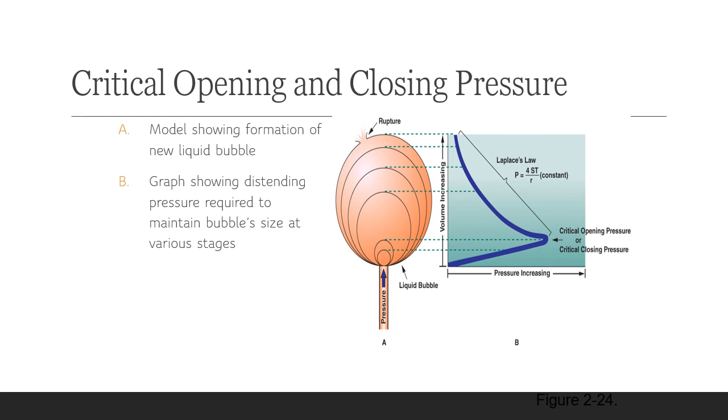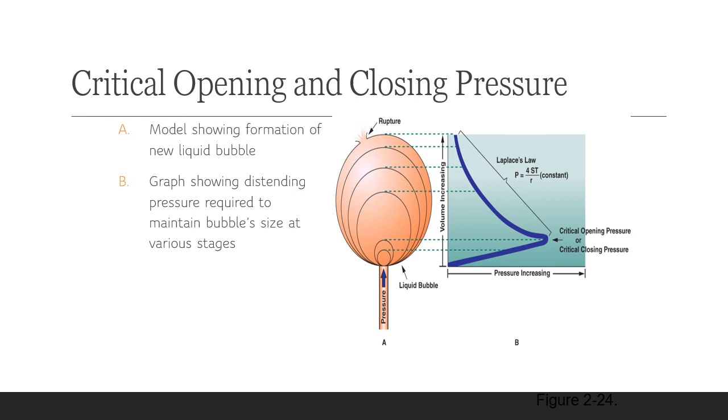Prior to the critical opening pressure, the distending pressure must progressively increase to enlarge the size of the bubble. The distending pressure is directly proportional to the radius of the bubble. Once the critical opening pressure is reached, the distending pressure progressively decreases as the bubble increases in size.